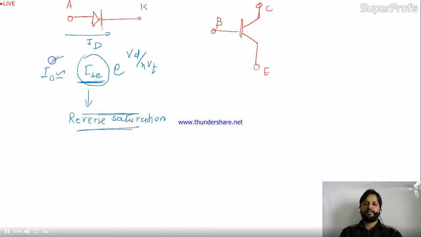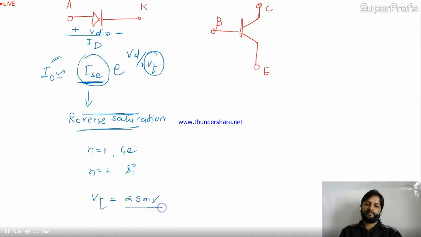So ID in the diode will be the reverse saturation current multiplied by e to the power Vd by eta Vt, where Vd is the voltage across the diode. Eta is 1 for germanium and eta is 2 for silicon. And Vt at room temperature is 25 millivolt, the temperature equivalent voltage.